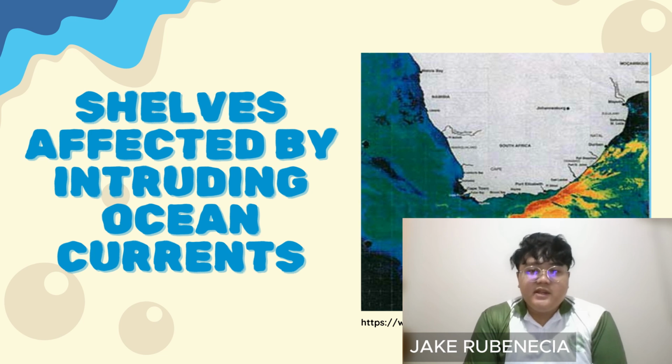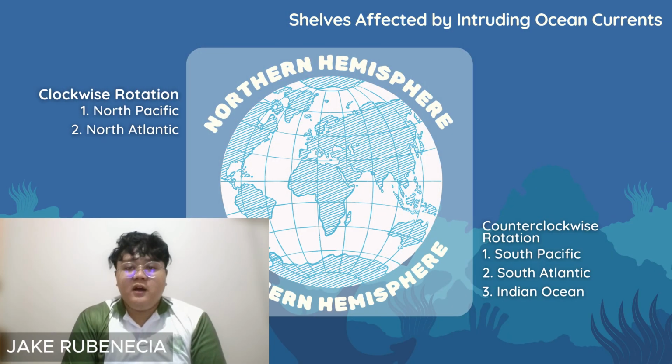These prevailing winds, in conjunction with the configuration of the continents and the Coriolis forcing arising from Earth's rotation, drive the ocean's currents into gigantic circulating cells, or gyres, that rotate clockwise in the northern hemisphere, which are North Pacific and North Atlantic, and counterclockwise in the southern hemisphere, South Pacific, South Atlantic and Indian Ocean.